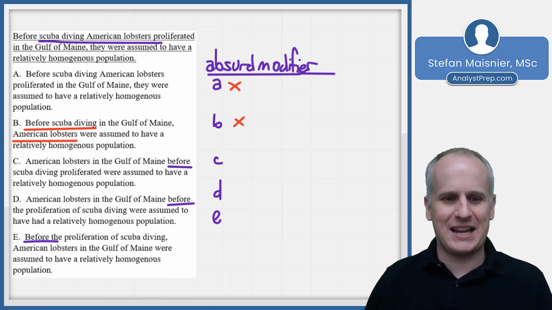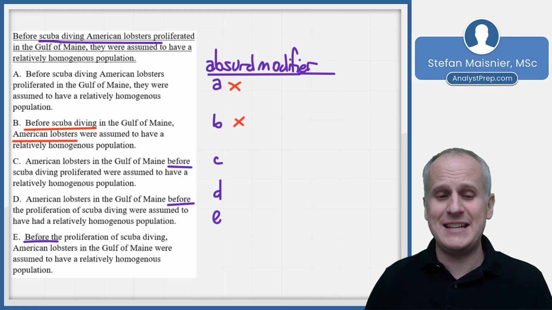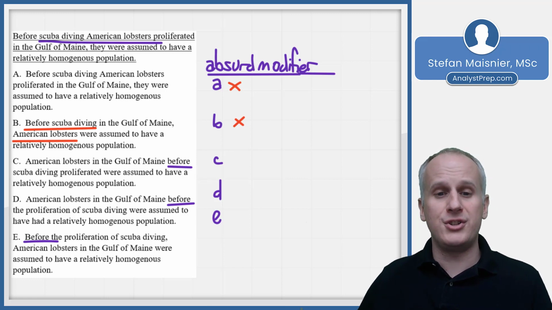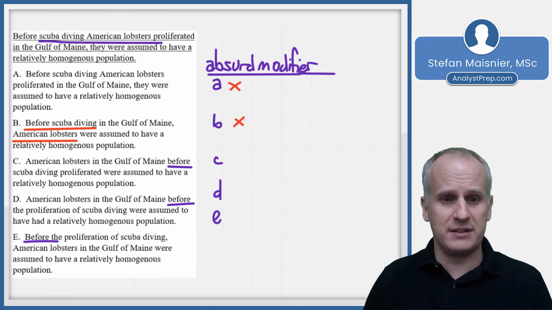And it's pretty much the same thing, although it varies a little bit, before the proliferation as opposed to proliferated in choice D. But the original, it was before scuba diving, and there needed to be like a comma or some extra descriptors or conjunctions, transitions, some way to differentiate the scuba diving from the lobsters. But it's before scuba diving in the original that the American lobsters were assumed to have a relatively homogeneous population.